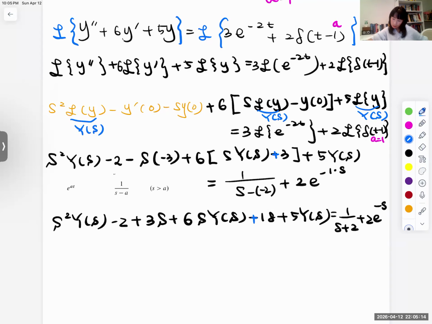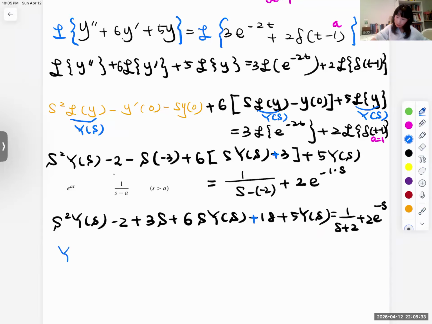And that's it. Okay, then let us combine the negative 16 and factor out Y of s so that we can solve for Y of s.